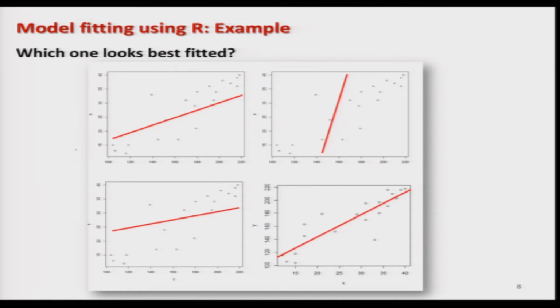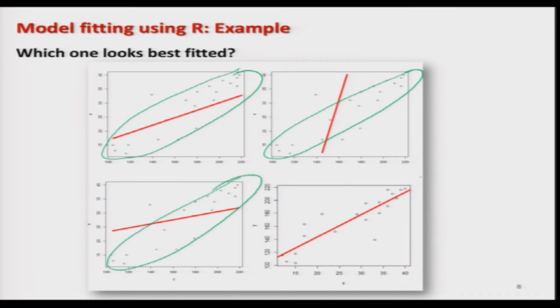You can see this is the data set, and I have plotted 4 lines in red color. This line is going more vertical, this line is something like this, and this is like this. So, what do you think, which is the most representative line which will possibly fit the data?